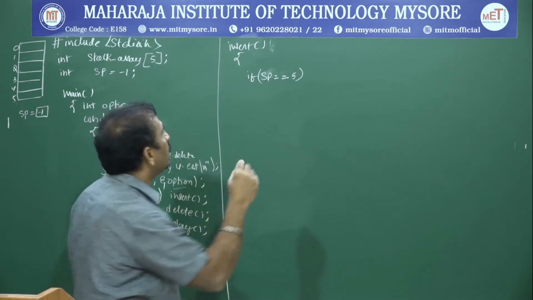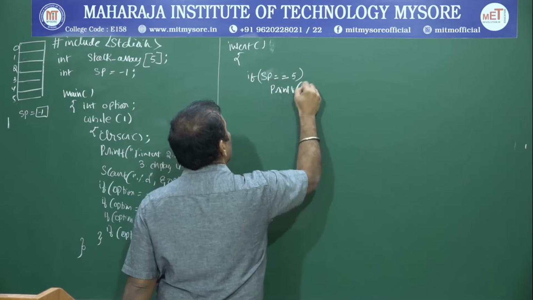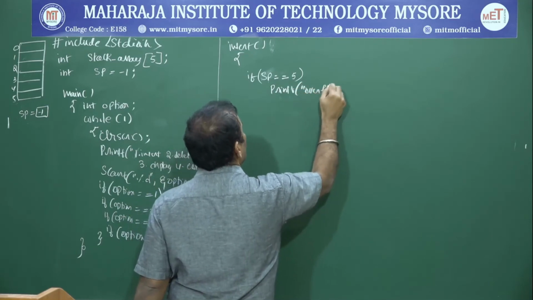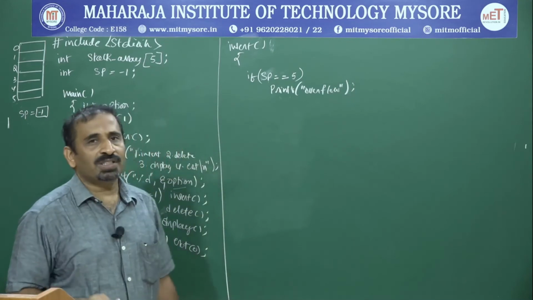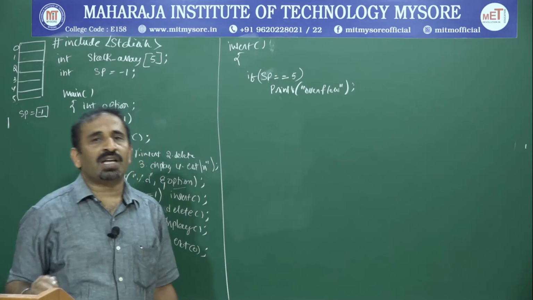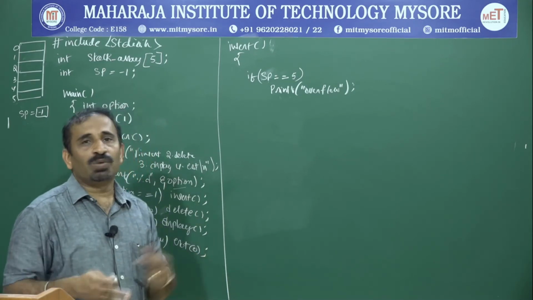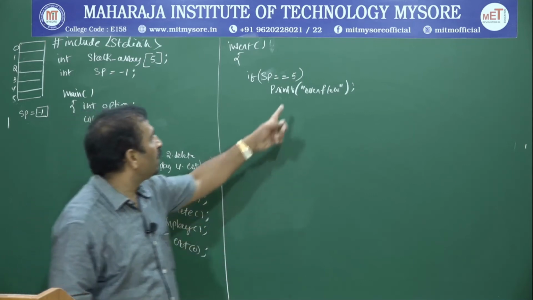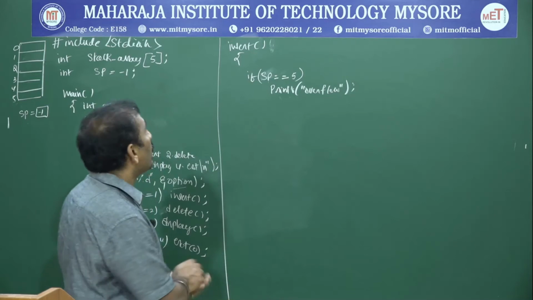It is overflow. So, printf overflow. You can print whatever message you want, saying that overflow is there, insert cannot happen, no more insertion happens. You can give some nicer messages, but I am giving only overflow. It means you cannot insert any more elements, it is already full.